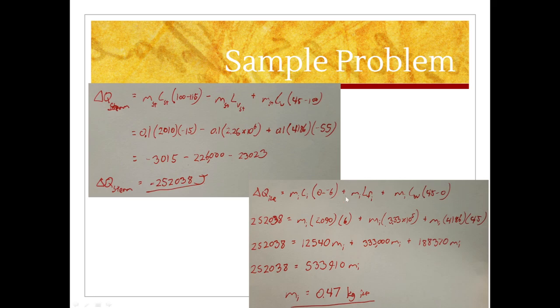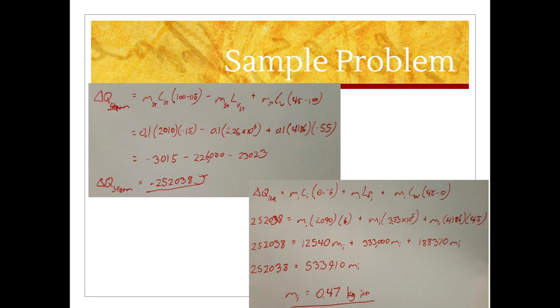Then comes the mL term for actually melting the ice. So mass of the ice times the latent heat of fusion for H2O. And then lastly, the energy required to warm up 0 degrees Celsius water into 45 degrees Celsius water.